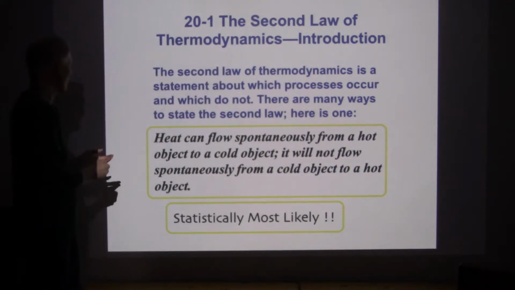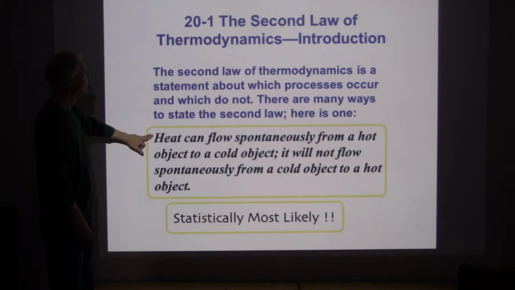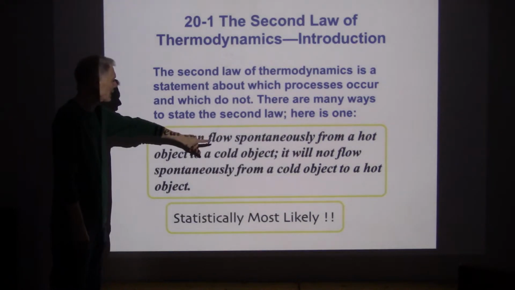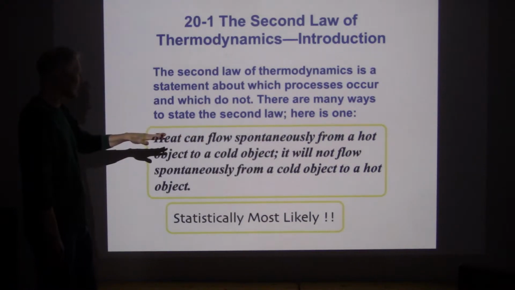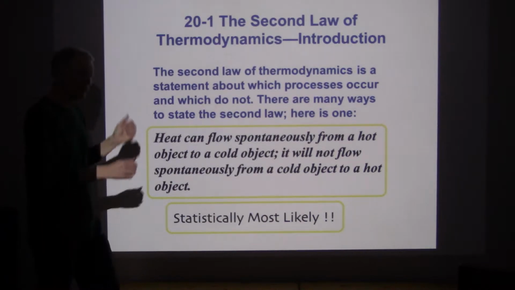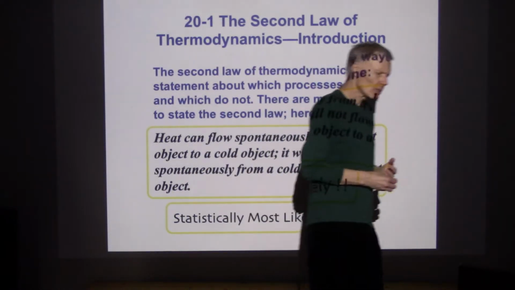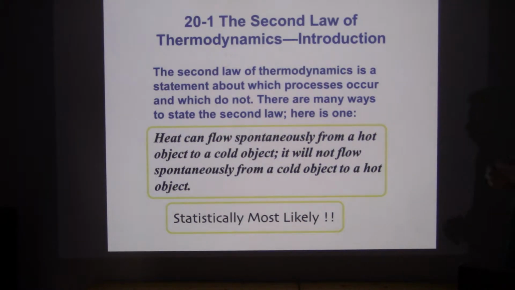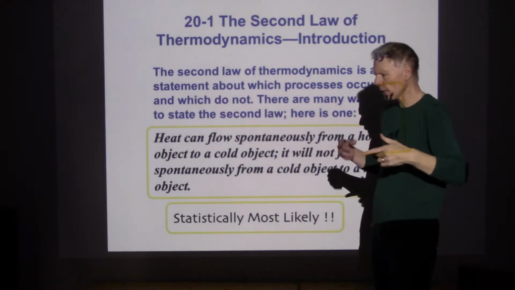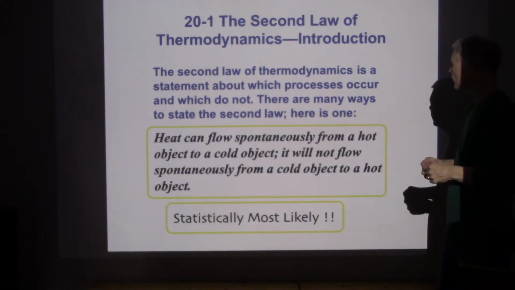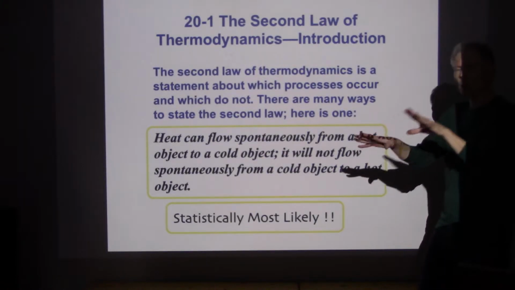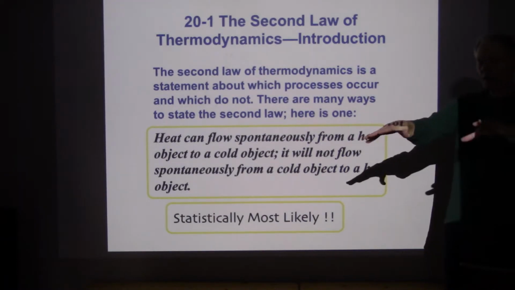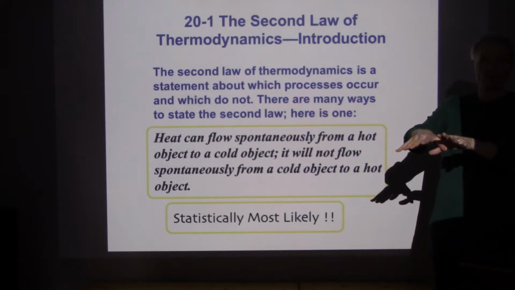Here's one statement of the second law. The second law of thermodynamics tells us that heat flows spontaneously from a hot object to a cold one, but it doesn't flow the other direction. If I just leave objects out there, and we've talked about this before, say we start with two samples of material at different temperatures, two containers of water, put into thermal contact with each other.